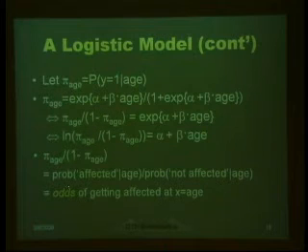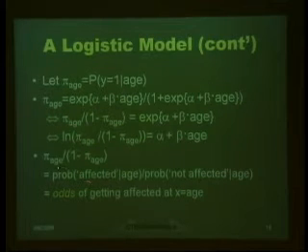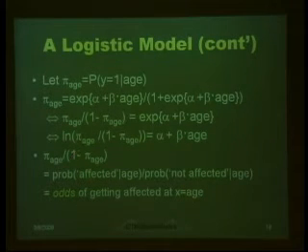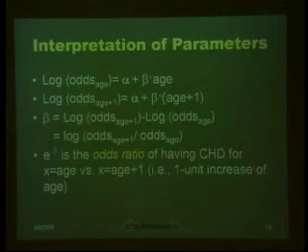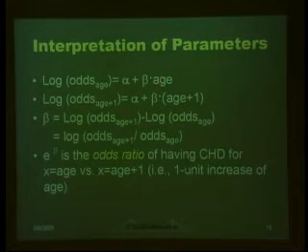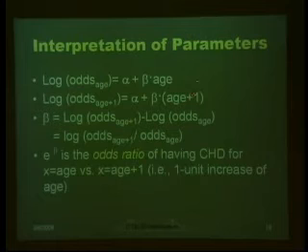It's the odds of being affected at a specific age. If we take the log odds, it becomes a linear function of age. So let's continue a little: this log odds at age equals this linear function. And then if we let age increase by 1 unit, or think of another age group.